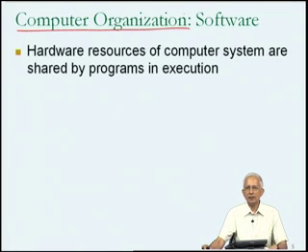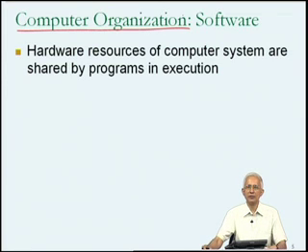Now, in the previous lecture, I raised the idea that we have an idea what the hardware is like, but there could be more than one program running at a time, or concurrently. What this told us is that we must expect that the hardware resources of the computer system that we have seen in the computer organization hardware slide are actually shared by those programs in execution.